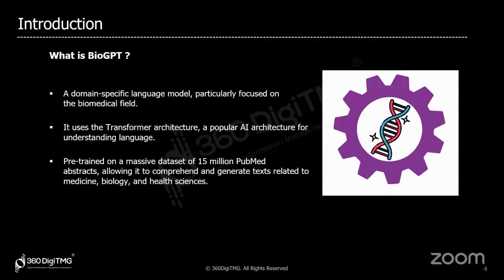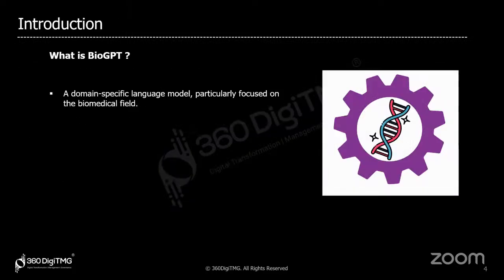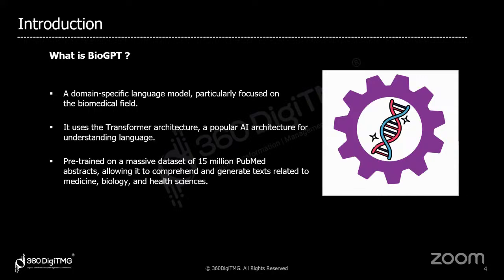So let's have one quick recap of what we have understood up till now. We have understood what BioGPT is. BioGPT is a model which is trained on a massive amount of biological datasets, medical sciences, and healthcare.